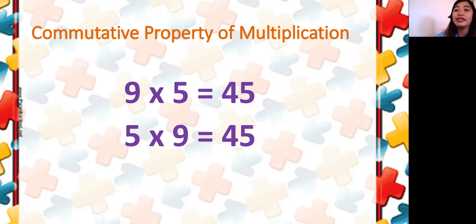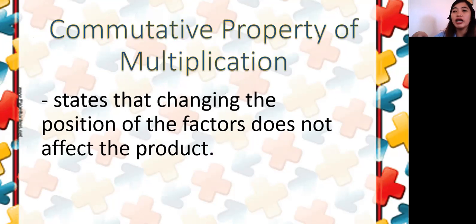Yes, their position is changing. The commutative property of multiplication states that changing the position of the factors does not affect the product. Again, changing the position of the factors does not affect the product.